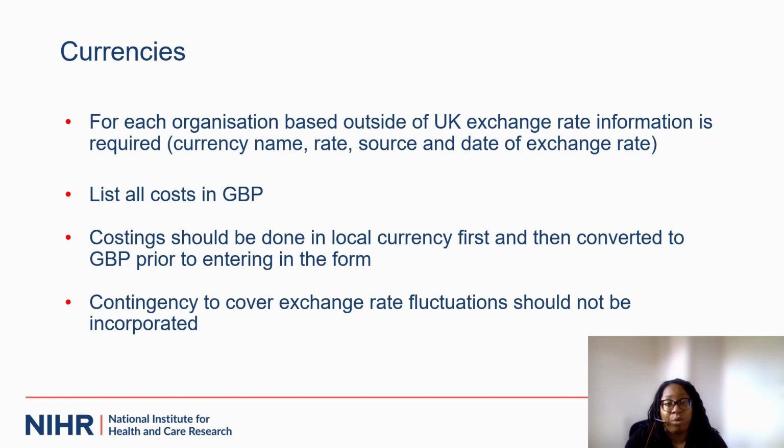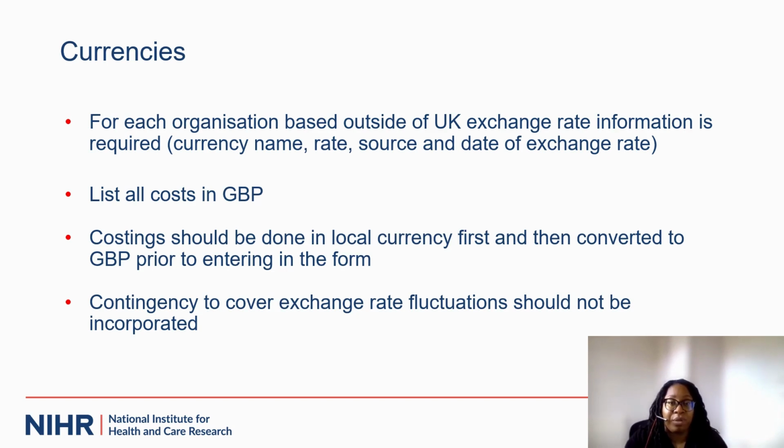As I've mentioned before, in terms of currencies, all the costs must be listed in pounds sterling, and for each organisation based outside the UK, we would need the current exchange rate information that's being used for your calculation.